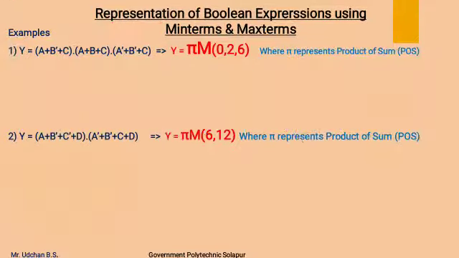In a similar way I can write the expression in the form of max terms for this second POS expression. Now again I will write the binary values for the sum terms. Here there are two sum terms.